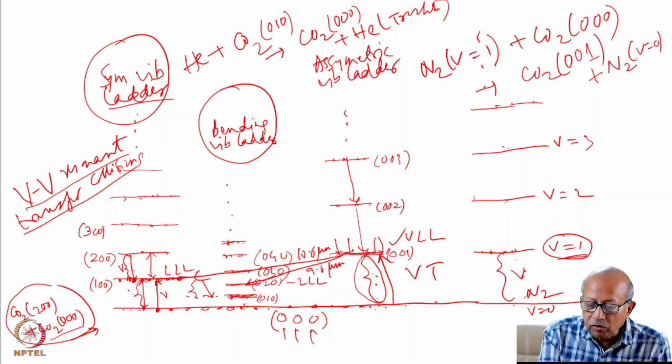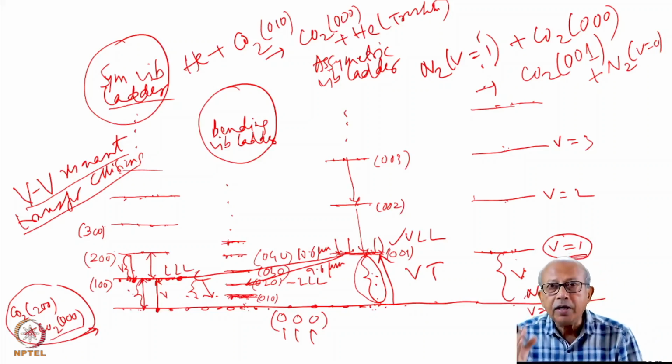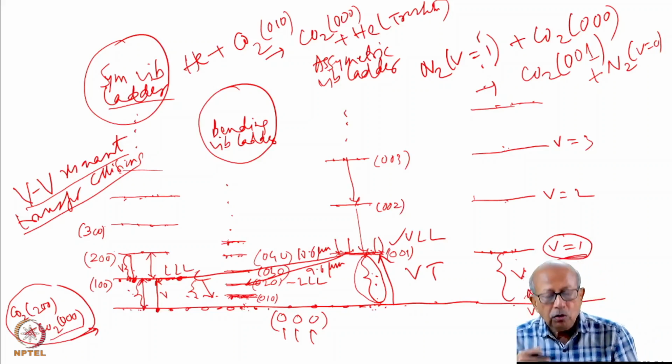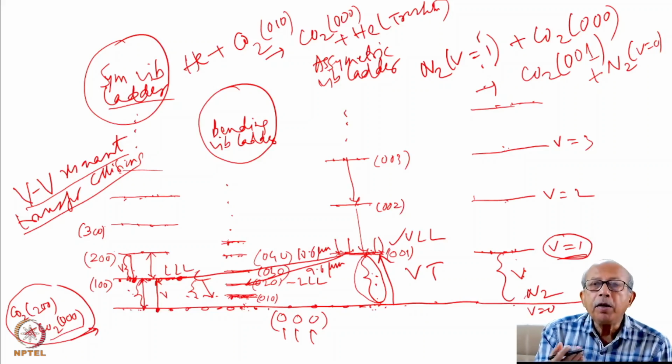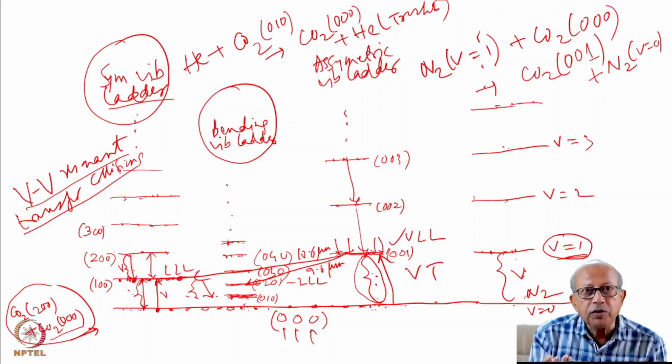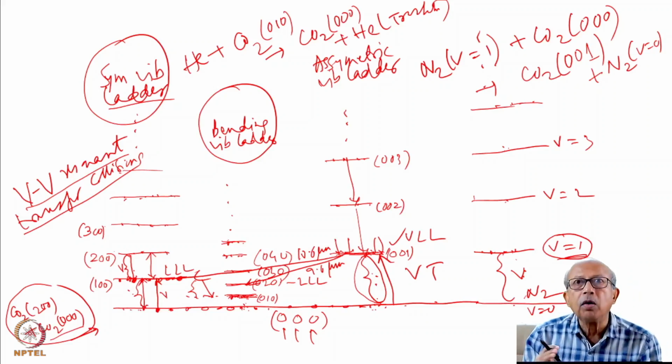However, helium cannot remove this vibrational energy as efficiently as this, simply because the vibrational energy involved here is much more than this. Therefore, you see the addition of nitrogen and helium also makes the operation of the gas dynamic laser more efficient, just in the same way it helps the operation of the conventional carbon dioxide laser.